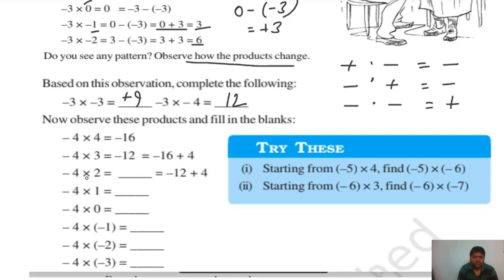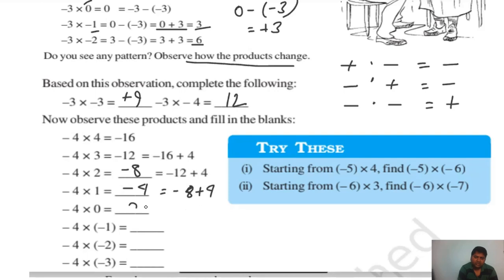Minus 4 into 2 means minus 8, and minus 8 is obtained from minus 12 plus 4. Then we get minus 4, from minus 8 plus 4.